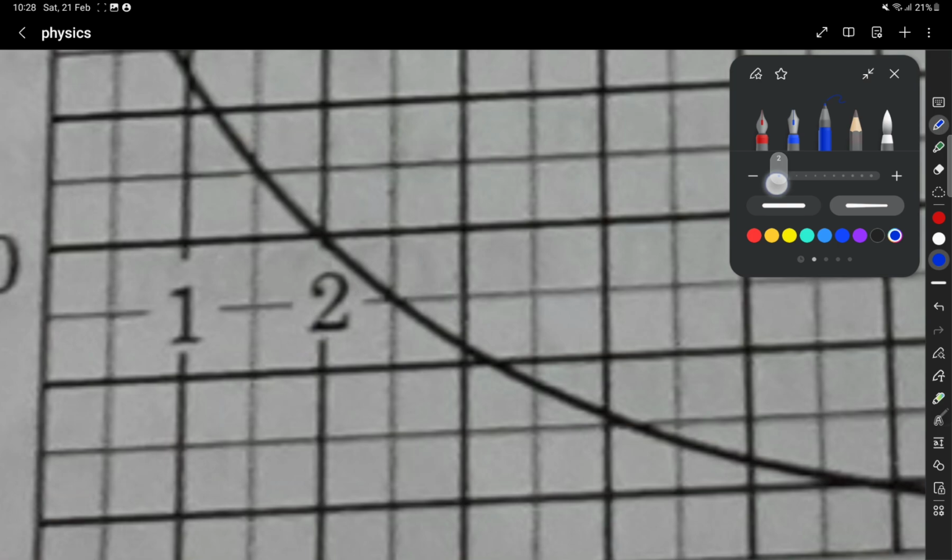Now here, if you try to plot a straight line, you can see that it's very close to the curve. So approximately, the slope is initially like this, then the slope changes like this.